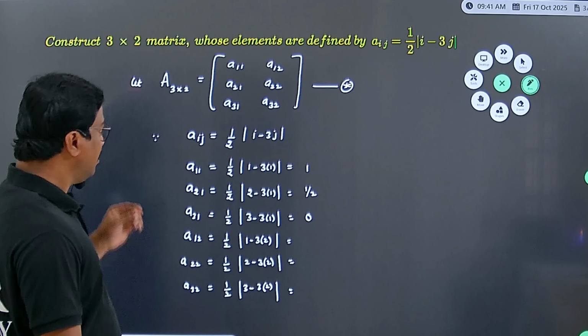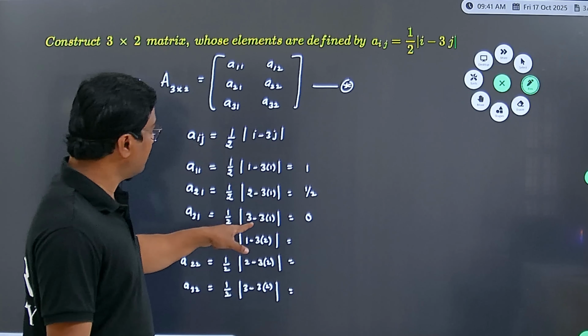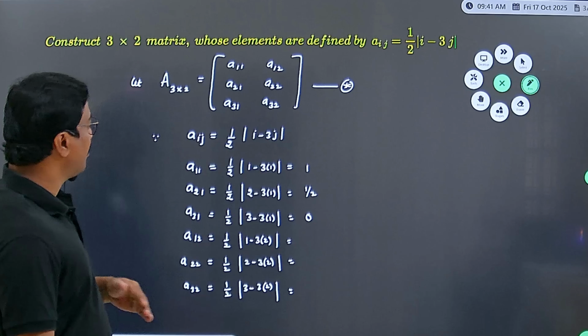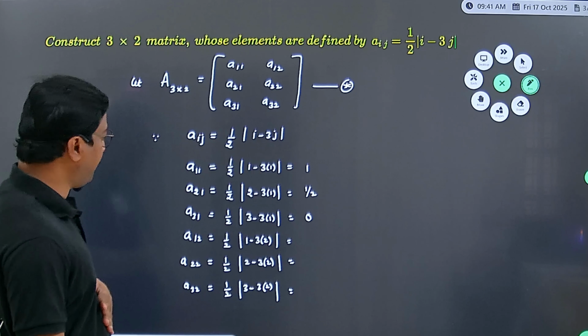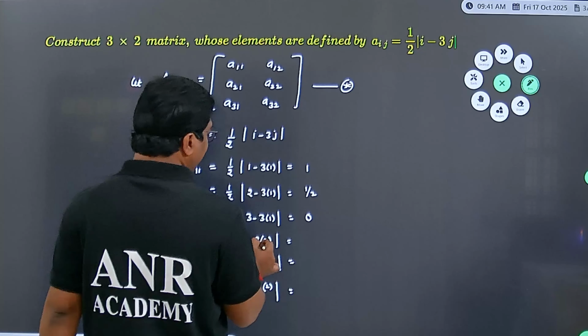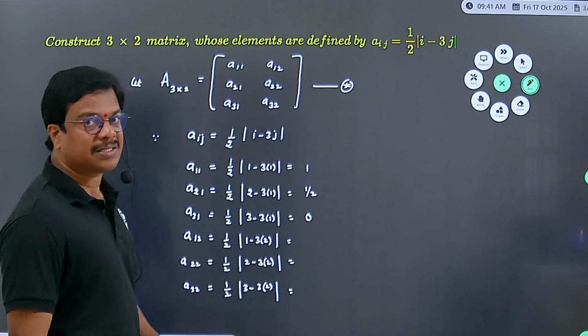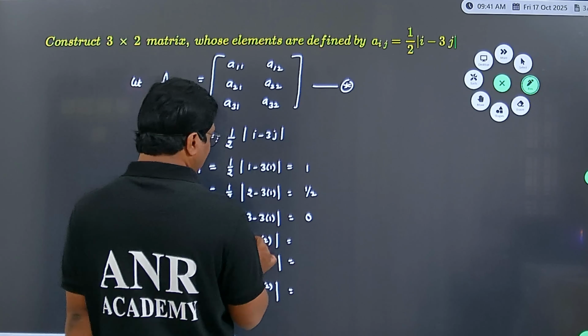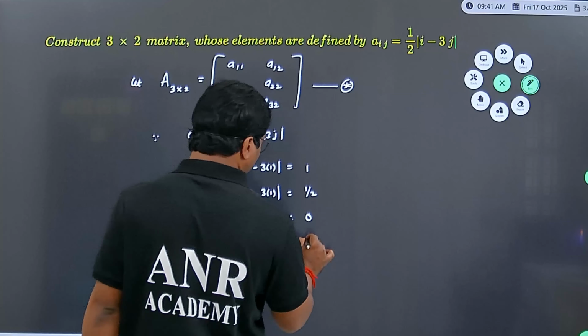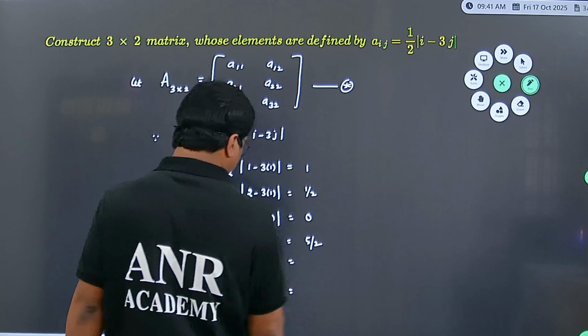Next you have to write 3 times 2, this is 1 minus 6, that is minus 5. Modulus minus 5 value 5, so we get 5 by 2.